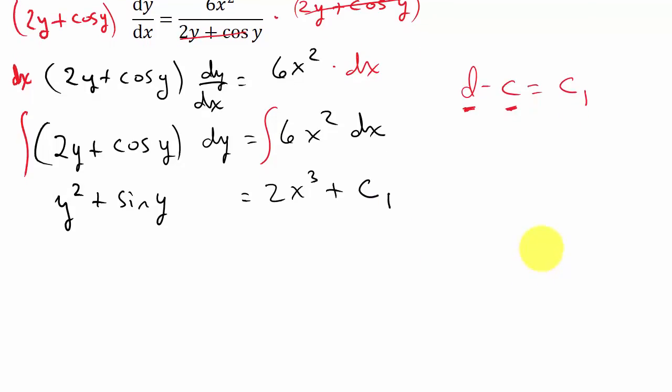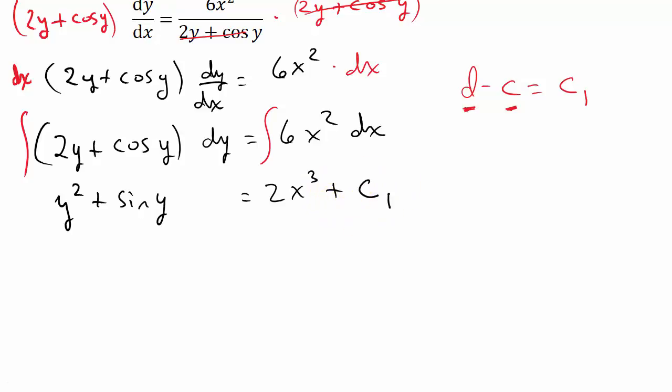Now in this problem, if you watched the first video, we have to solve for y, but we can't really solve for y here, can we? What we're going to do when we can't solve for y, you could leave it like this, but a lot of times we want to solve for the constant term.